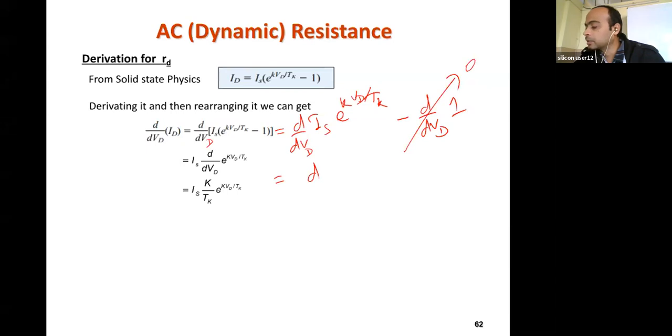Is is first. It is a constant term, so it will be taken outside. d by dVd of e to the power k Vd by Tk is equal to how much? This k by Tk term will come outside of this derivative.